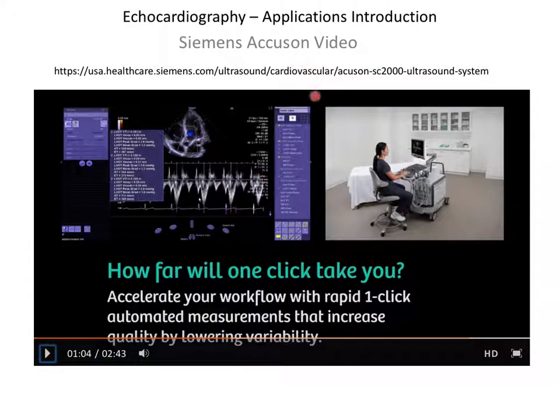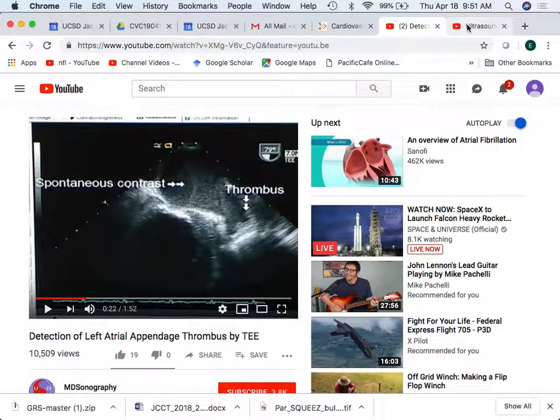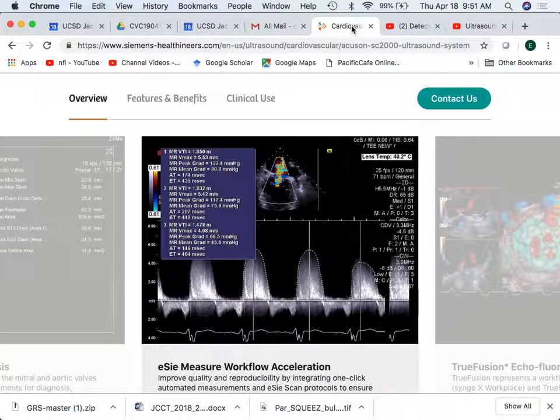Again, this is a website on the Siemens healthcare website that shows many of the functions of echocardiography. I think I have it up here. Was it? No, it's not that one. Yeah, it's this guy. So if you go to this website, Healthineers, this is a terrible word, right? It's Siemens Healthineers.